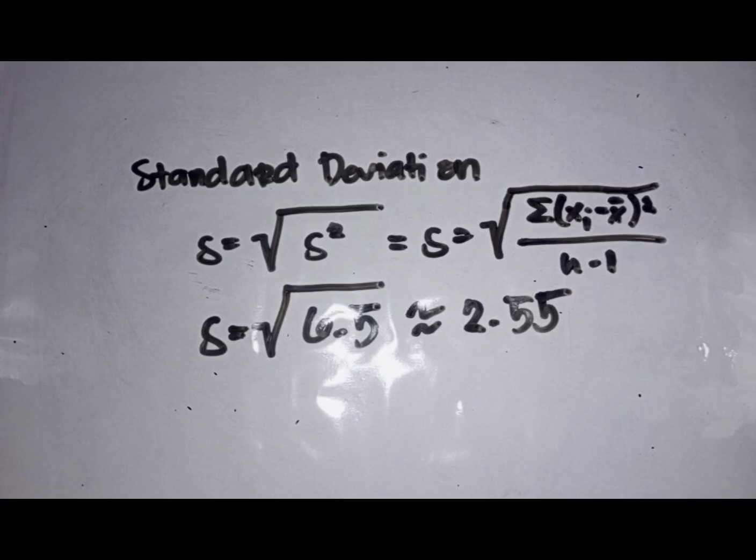This is incredibly useful for a normal distribution. About 68% of your data will fall within one standard deviation of the mean, and about 95% will fall within two standard deviations. This single number gives us a powerful way to understand the spread and consistency of our data.